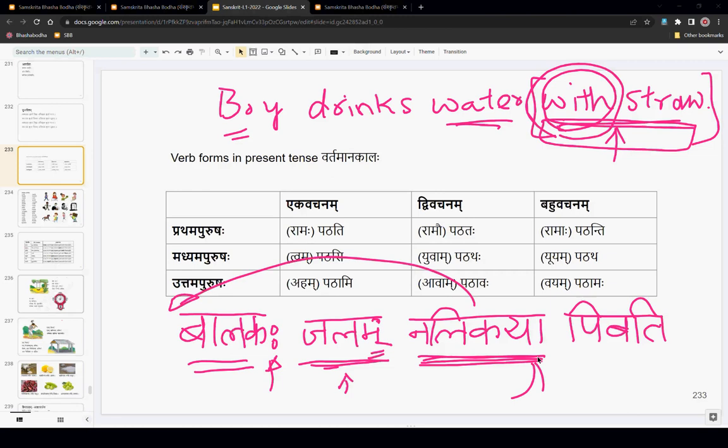So you can say nalikaya balakah jalam pibati, balakah nalikaya jalam pibati, balakah jalam pibati nalikaya. That can be shuffled easily, but still we get the meaning out of it, right? Because nalikaya has already embedded this with in it.